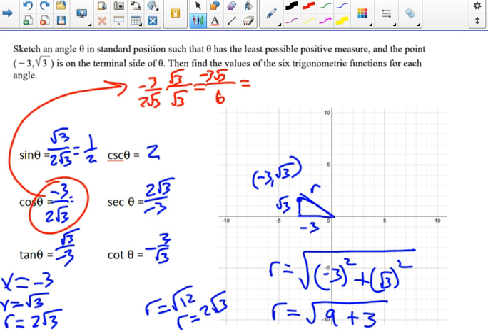But 3 goes into 6, so I can reduce that. That's going to be negative square root of 3 over 2. And the tangent, oh no, tangent's good. The cotangent is the one that needs to be rationalized. It's going to be 3 square root of 3 over 3, negative. They're going to cancel, so it's just going to be negative square root of 3.